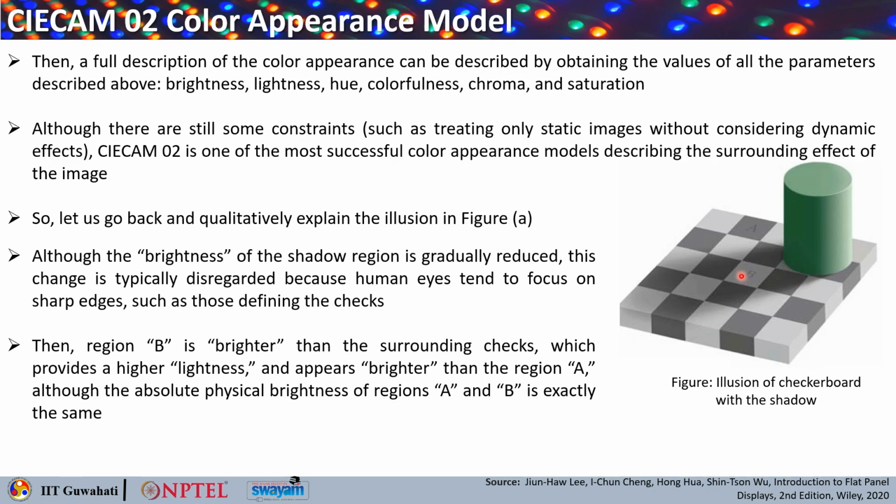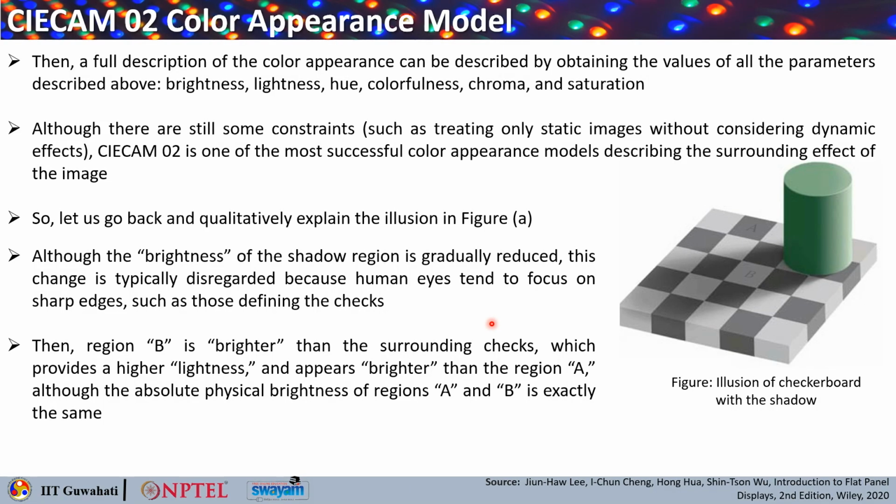So, it is basically because of the shadow that is giving you that effect. Although the brightness of these two regions is exactly the same, because of having higher lightness, this appears to be brighter than region A. So, this is how this particular CIE CAM02 model can basically explain qualitatively this optical illusion.